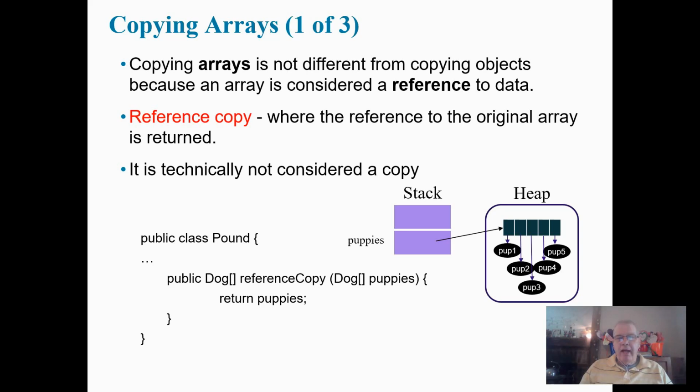But inside the array, there are 5 different dog types. I call them pup1, pup2, and so forth. So this is a reference copy in the code down below. We just return the same value that came in.